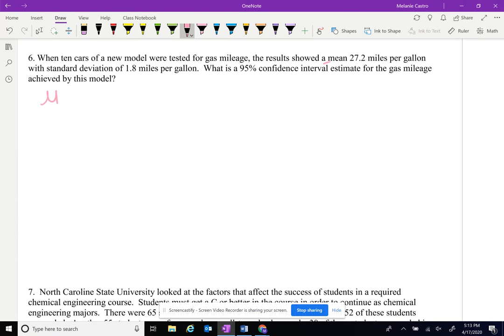They did say mean. I would define this as mu equals the average, or I could say the mean gas mileage for new models of this car.